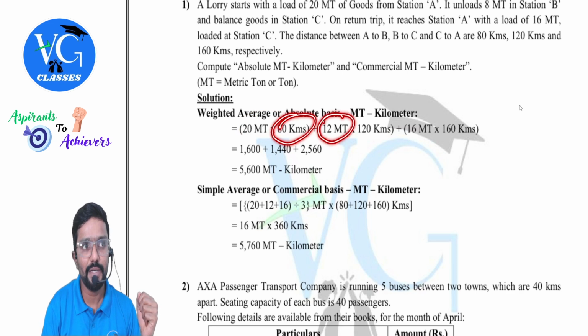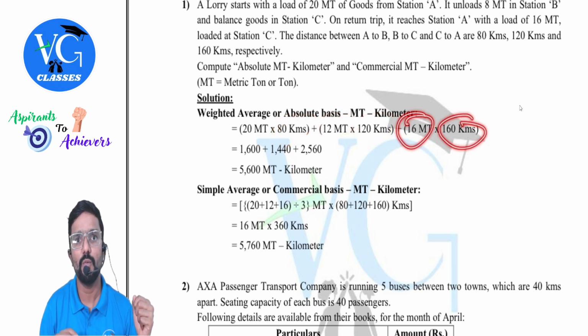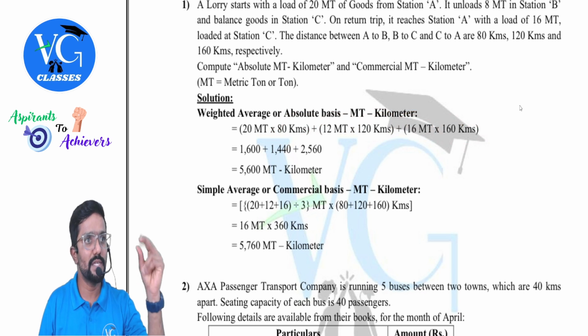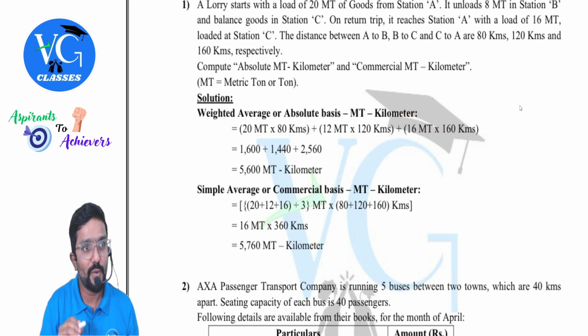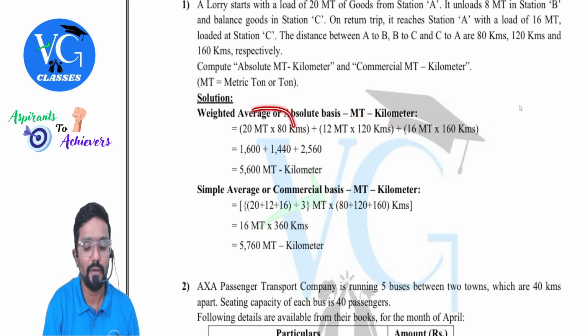They have carried 12 metric tons and traveled 120 kilometers. And 16 metric tons and traveled 160 kilometers. What is the quantitative factor here? Kilometers. What is the qualitative factor? Weight. For each journey, take the kilometers and the weight, multiply, then you add up.